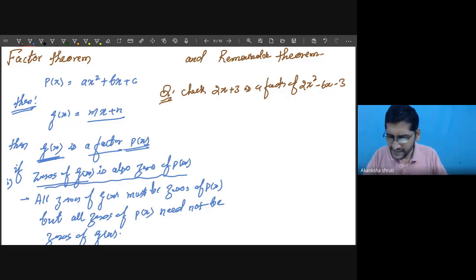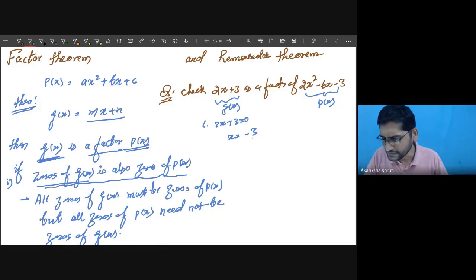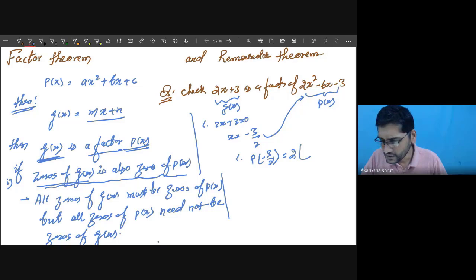So what to do, student? Find the value of x here. This is like our g(x), and this part is like our p(x). When g(x), 2x plus 3, is equated to 0, we get the value of x as minus 3 by 2. And this value of x we have to substitute in p(x). Therefore, we are going to calculate p of minus 3 by 2. Substitute it: 2 times minus 3 by 2 square, minus 6 times minus 3 by 2, minus 3.